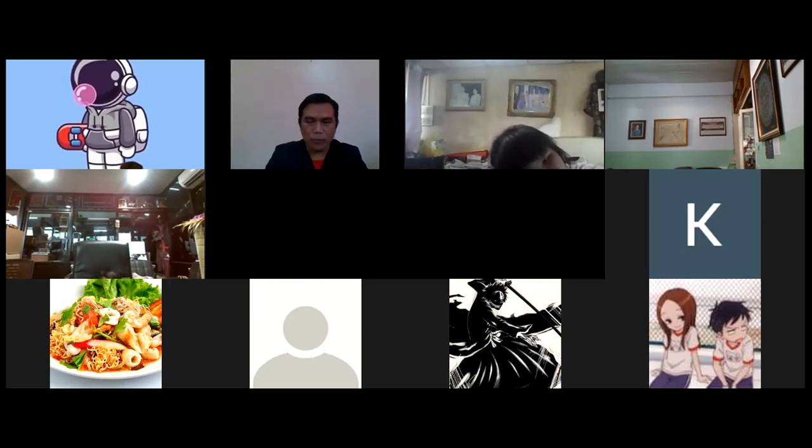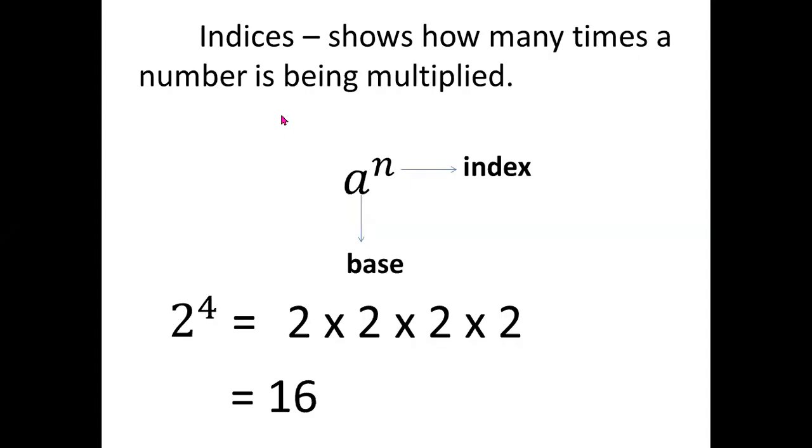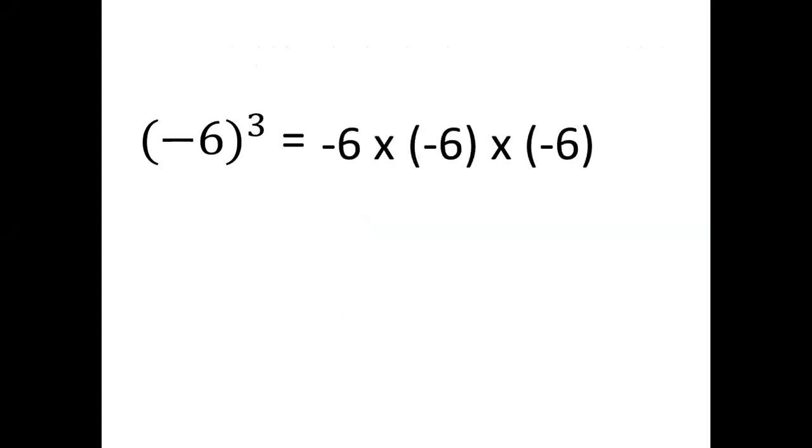I want to assess everyone so that I can make sure that you understood our discussions. Now, to show more so that you will fully understand the indices, the base, and the power: when we talk of -6 raised to the power of 3, meaning the index is 3, it is just like saying -6 times -6 times -6.